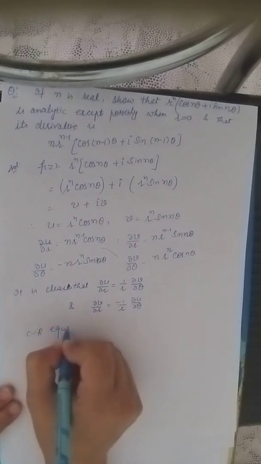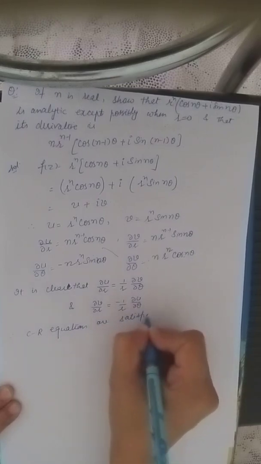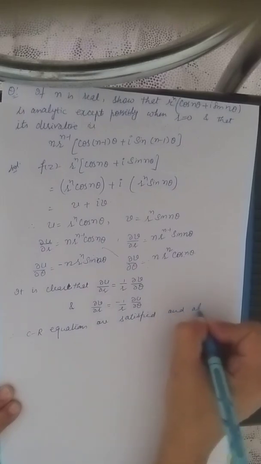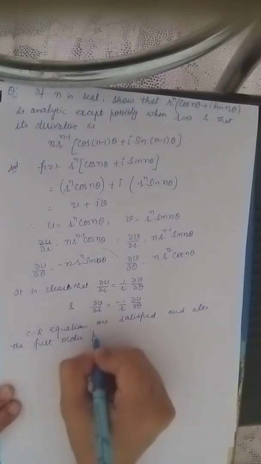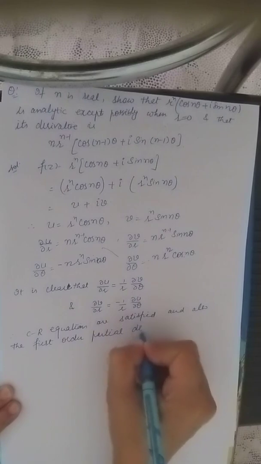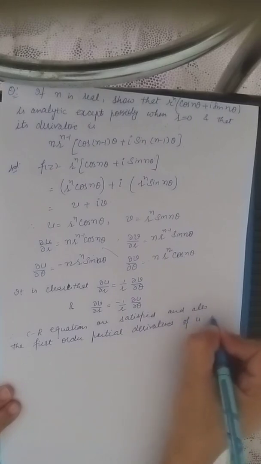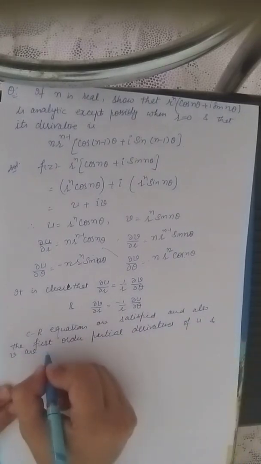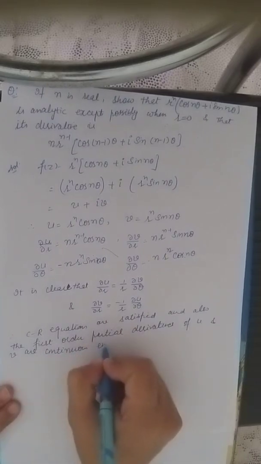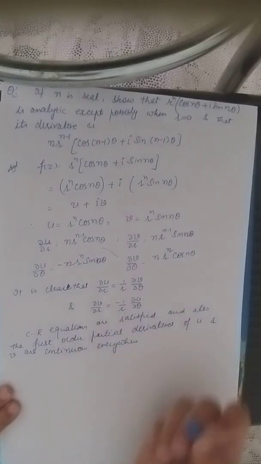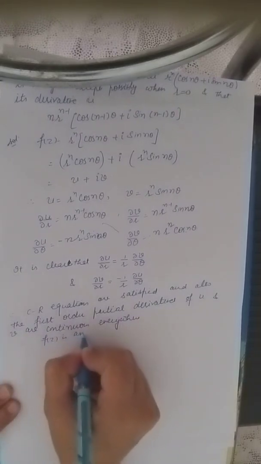Therefore CR equations are satisfied, and also the first order partial derivatives of u and v are continuous everywhere. Therefore f(z) is analytic.